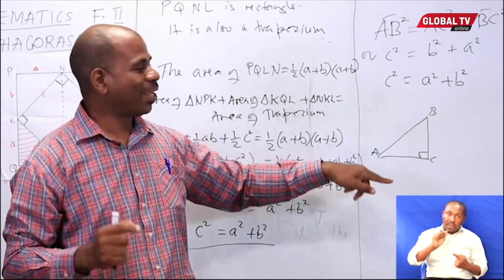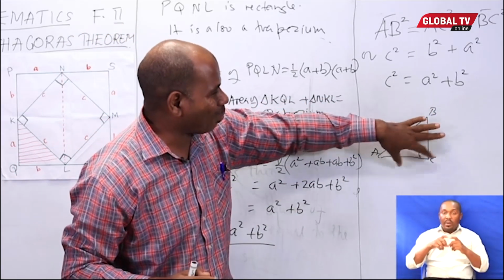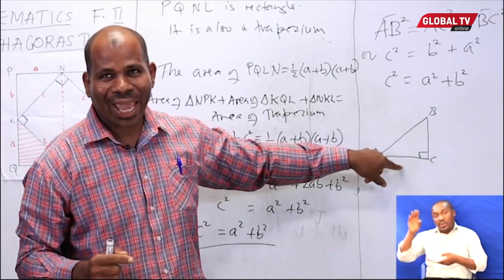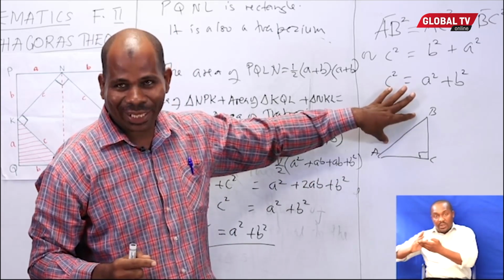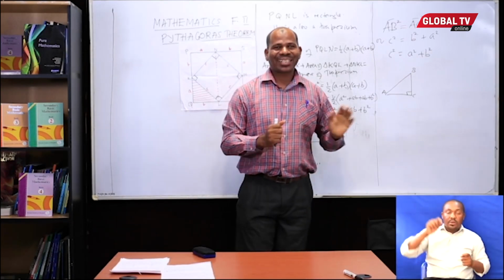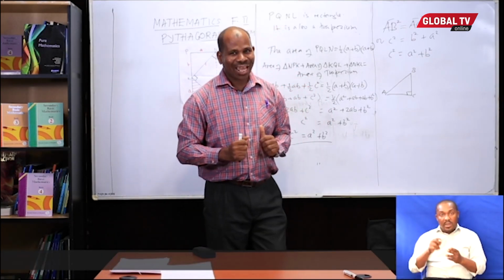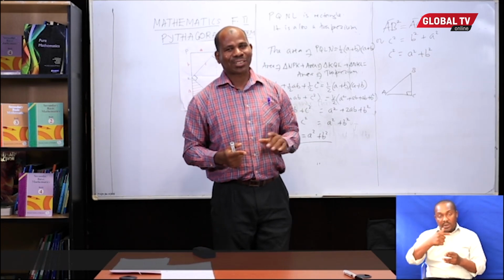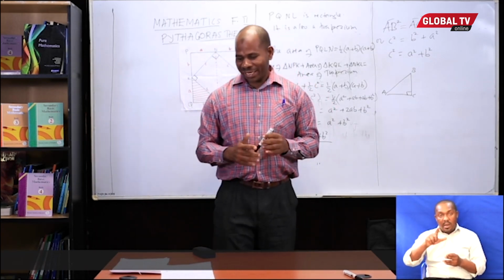But the sum of the lengths of the other two sides must be greater than the length of the hypotenuse. And that is a right angle triangle. Otherwise, it will be a triangle, but not a right angle triangle.